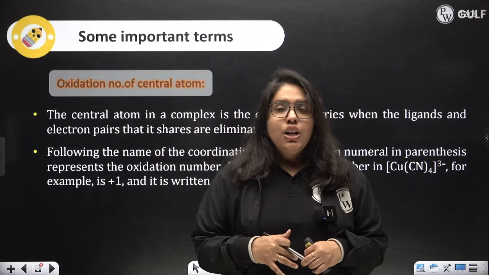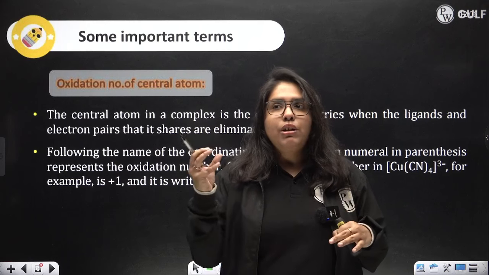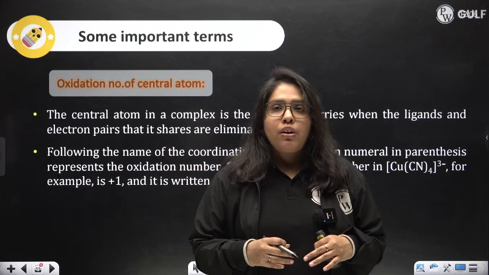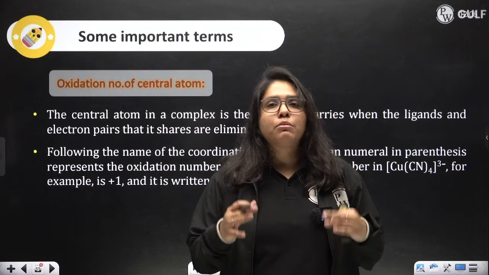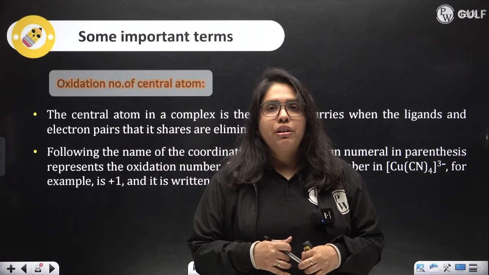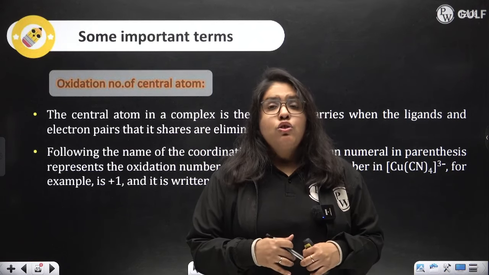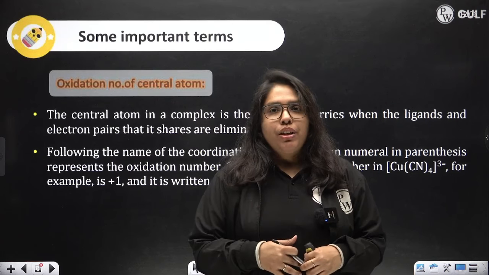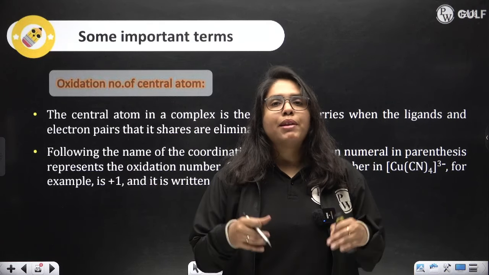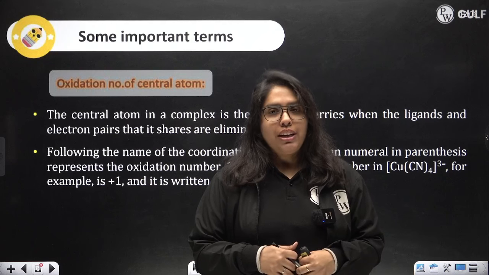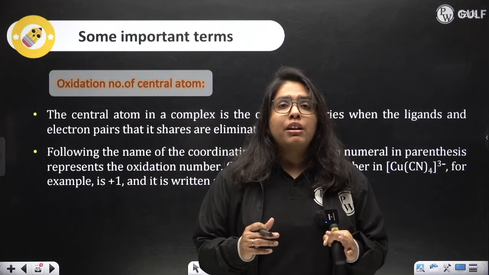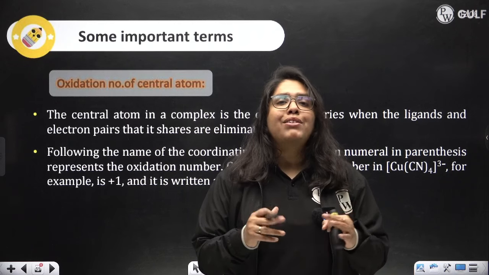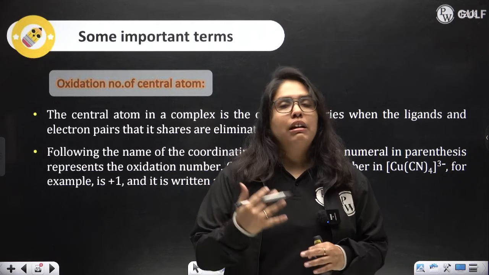The counter ions' charge and the ligands' charge need to be balanced for the species to be neutral. To balance that, the charge present on the central metal atom is written as a Roman numeral in parentheses when naming the compound.